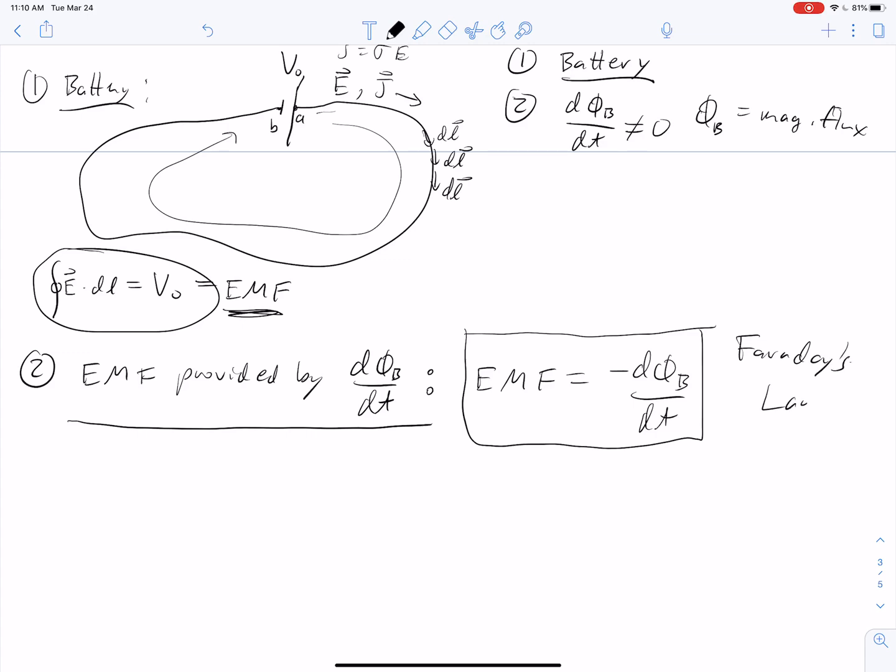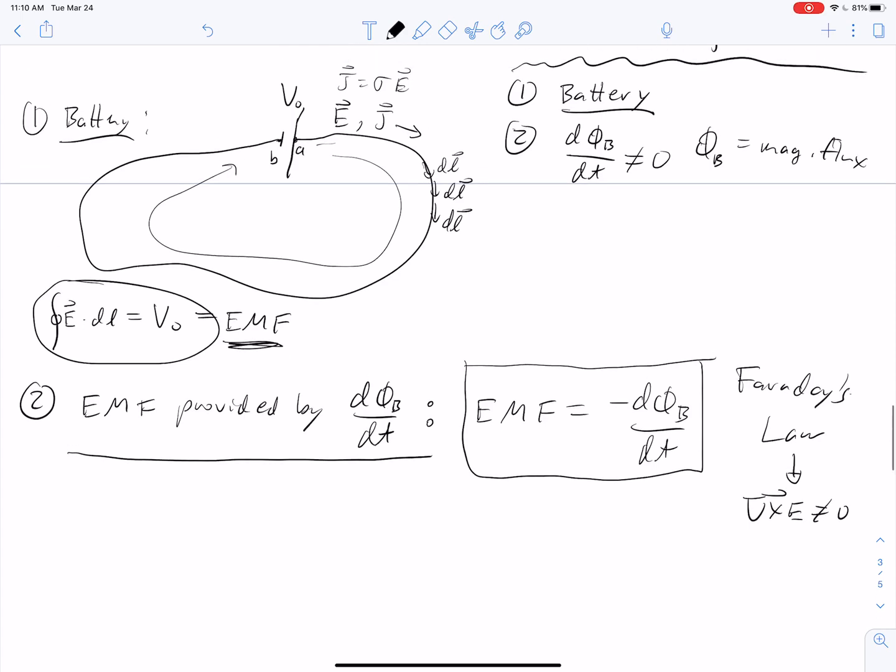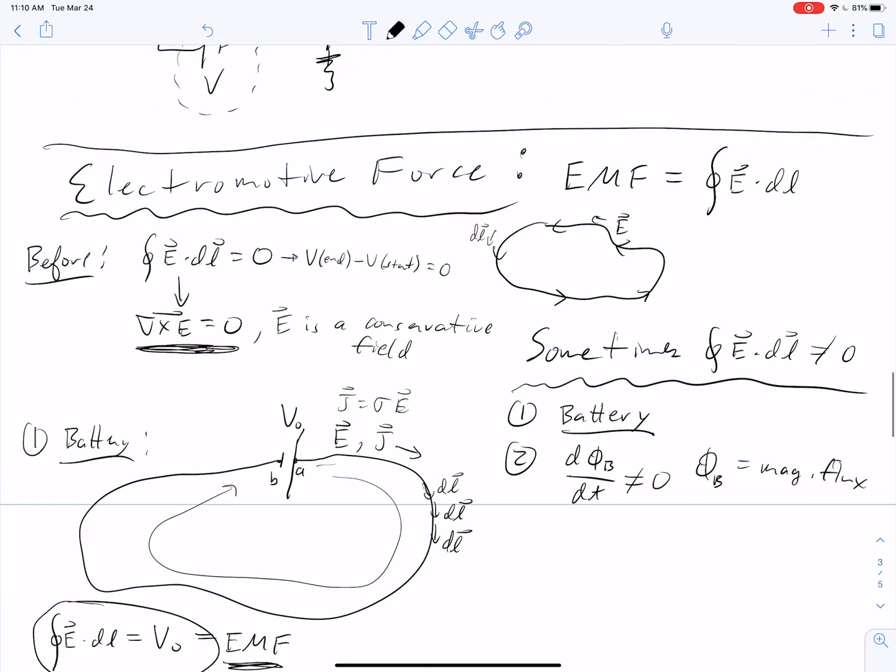From Faraday's law, it immediately leads to the result that del cross E is no longer equal to 0. That makes sense because, let's go back up here.